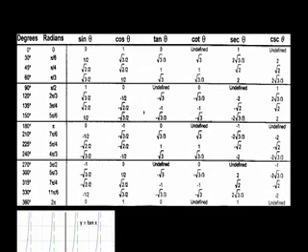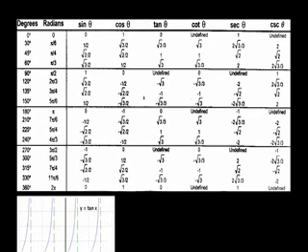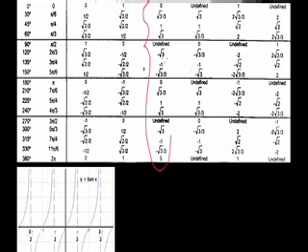Now let's talk about the third function, which is y equals to tan theta. These are the values of tan theta. Now from here we can see, tan x is basically equal to sin x upon cos x.